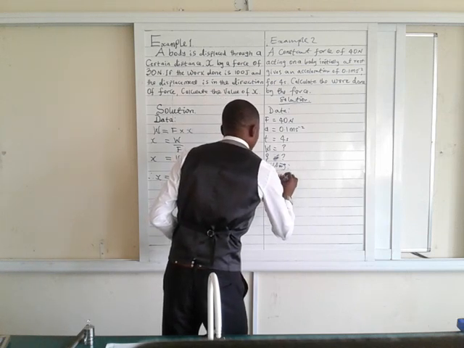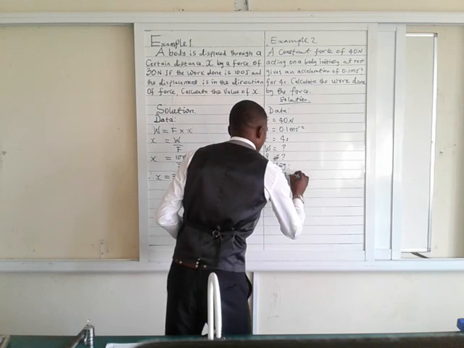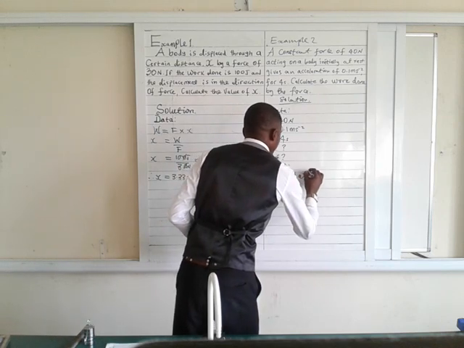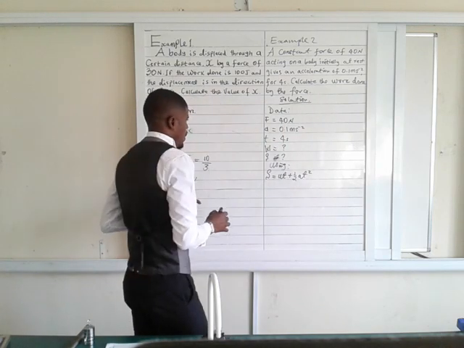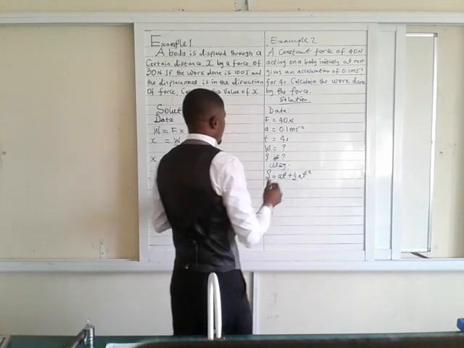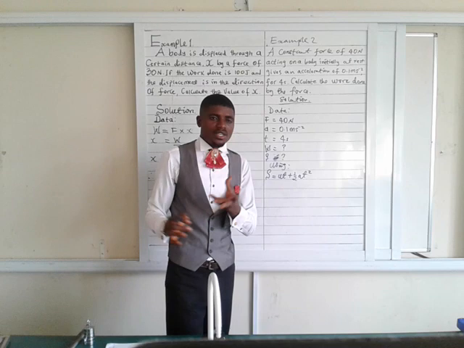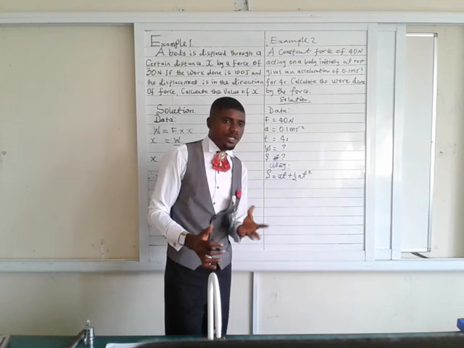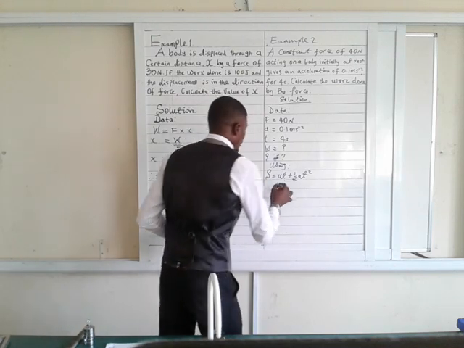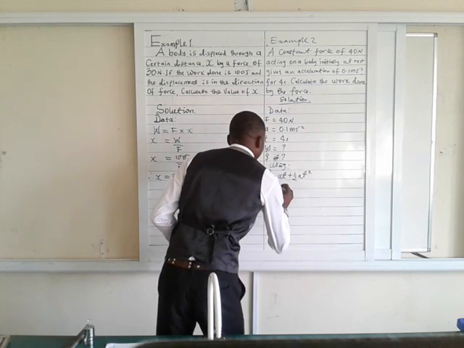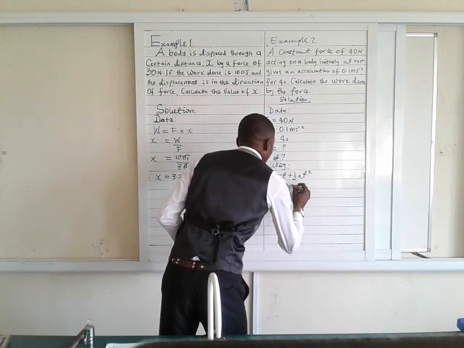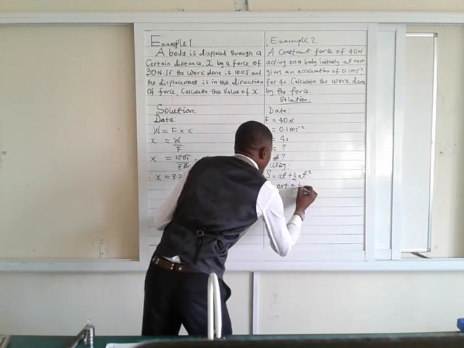S equals ut plus half at squared. We have it that when the body was initially at rest, our initial velocity was 0, and so we have S equals 0 times t plus 1 over 2.